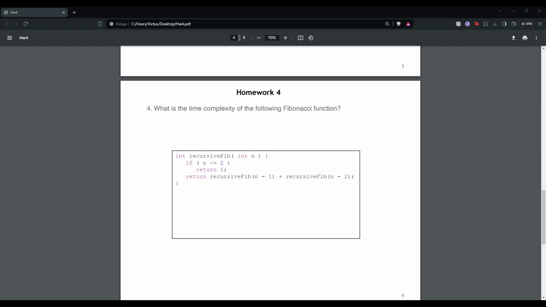What is the time complexity of the following Fibonacci function? Here we have a Fibonacci function. The time complexity of the given function is exponential, specifically O(2^n).